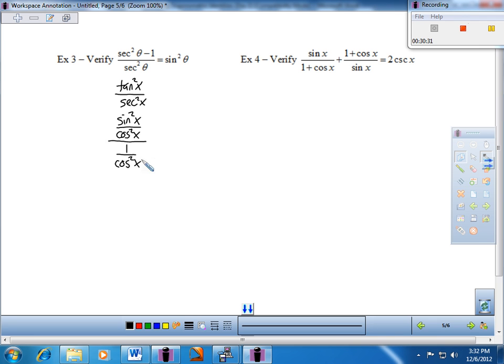And I employed my little outside over inside trick. You can shortcut some of these steps, but you get sine squared, cosine squared from the outside over cosine squared on the inside. These are going to cancel, and you get sine squared. There it is. Bring it down, you got it. Again, work vertically, make it happen.